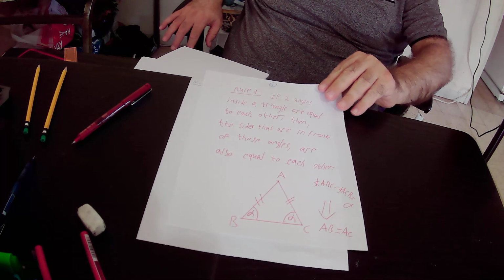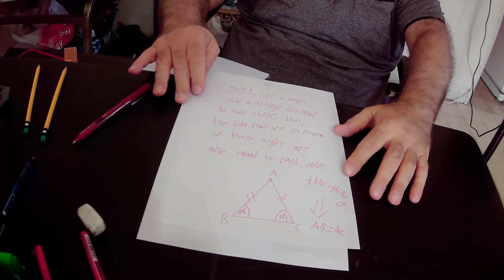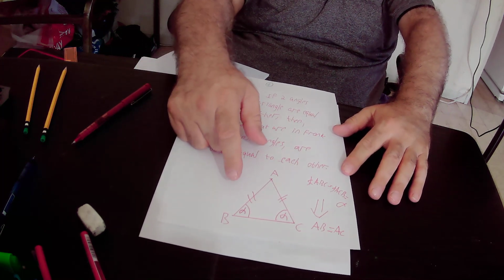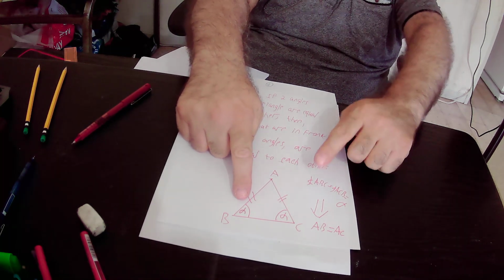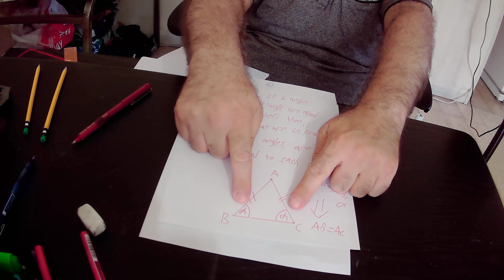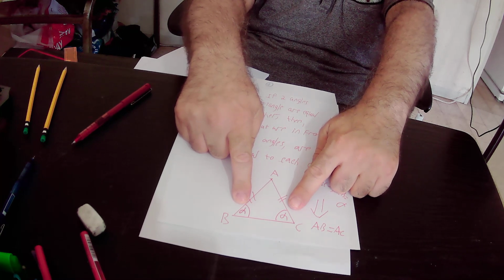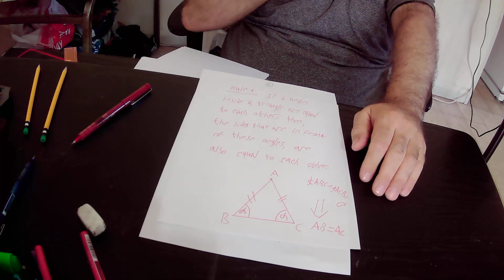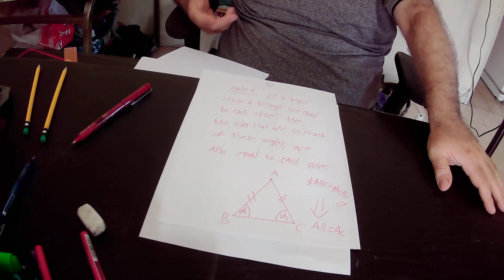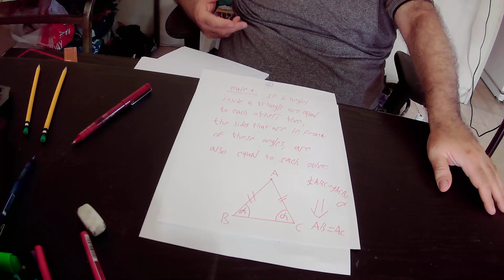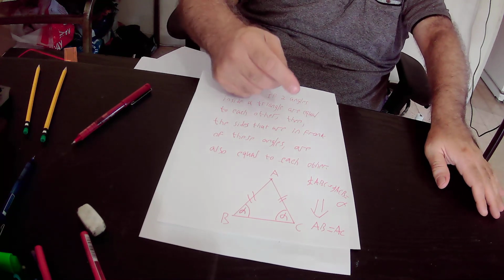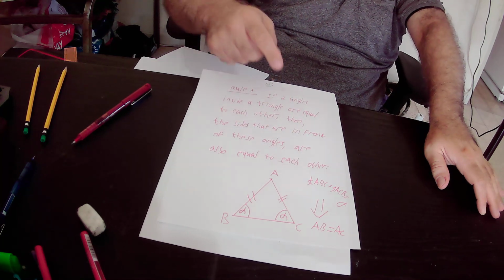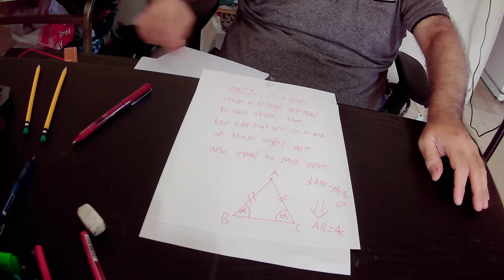So here we have triangle ABC. Two angles of triangle ABC are equal to each other. They both are equal to angle alpha. So according to rule number one, the sides that are in front of the equal angles are also equal to each other.